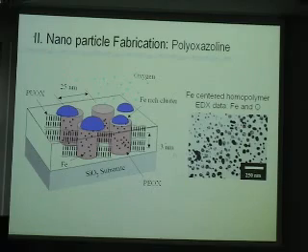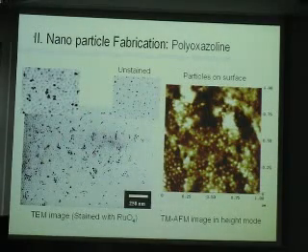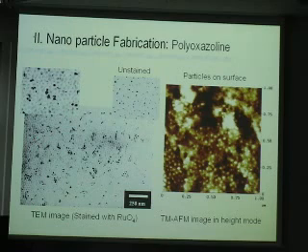When we use the block polymer, the block polymer is sitting on top of the pattern structure. This one is an unstained sample. This one is a stained sample. You can see the microstructure as well as the nanoparticles. The nanoparticle size is pretty narrow, about 20 to 30 nanometers.